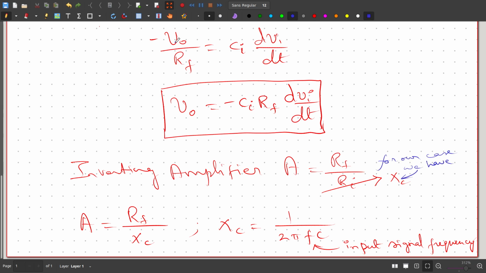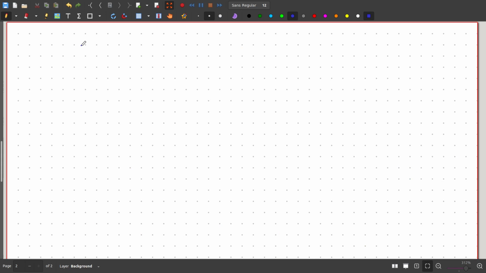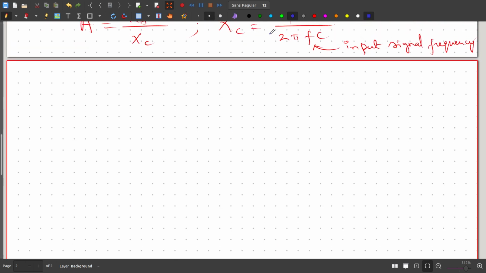Therefore if the frequency increases, when F tends to infinity, what happens to XC? XC tends to 0. As a result, the gain tends to infinity.